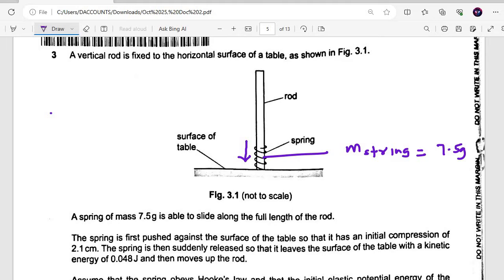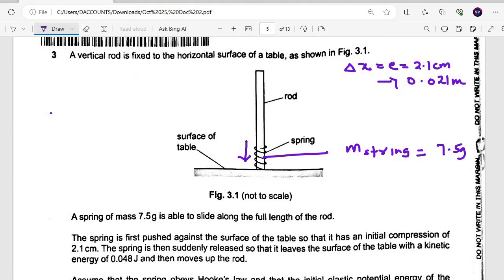Compression is like extension. Initial compression, change in x, is 2.1 centimeter. So in meter, that will be 0.021 meter. That's how they compress it down.